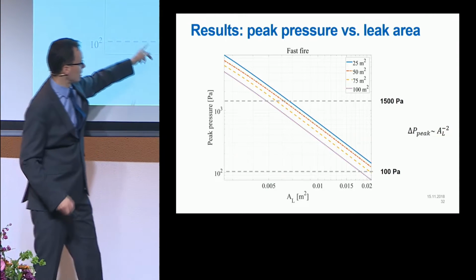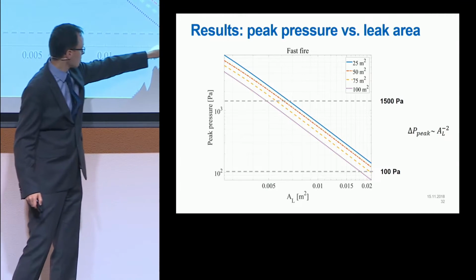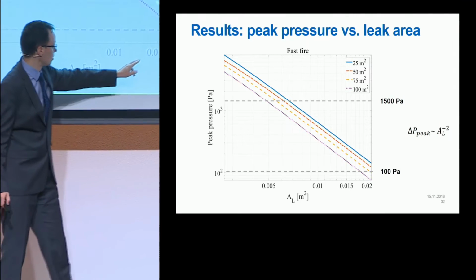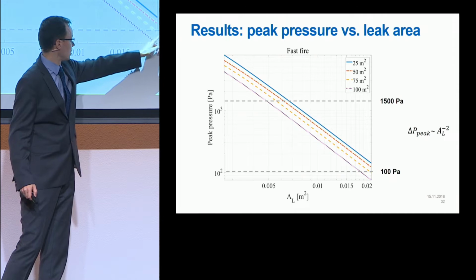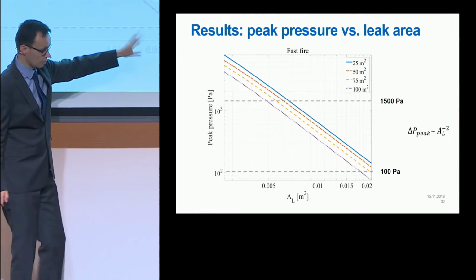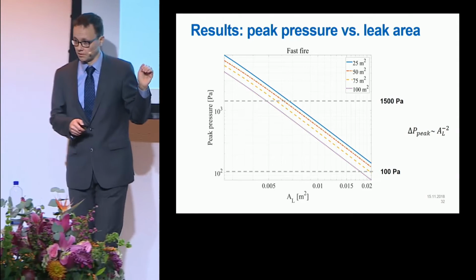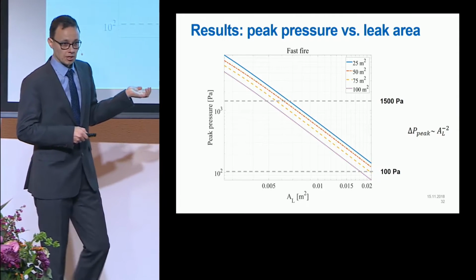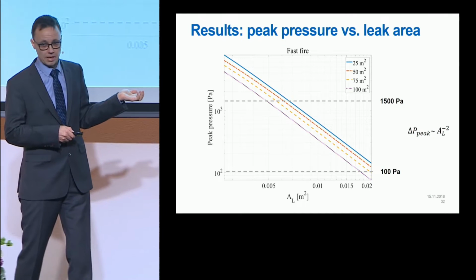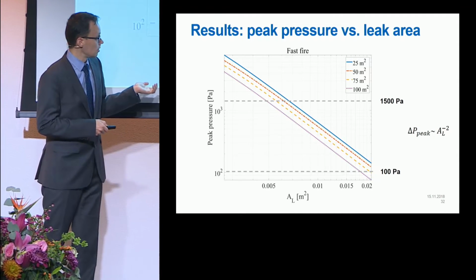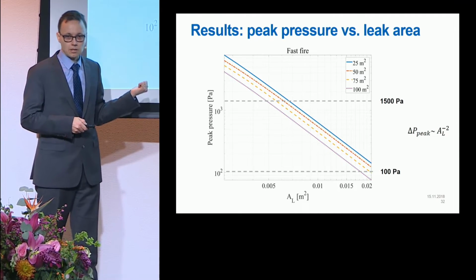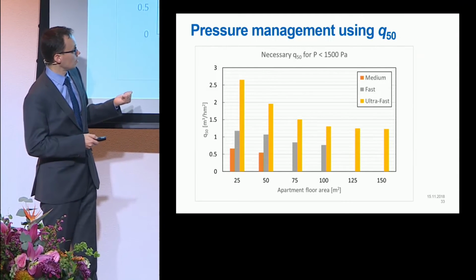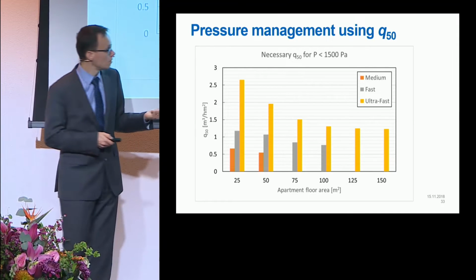If I go back one slide, we see that for the 100 Pascal limit, we would need really high leakage areas. I won't go into that now. We saw that it's going to be difficult, and we need some special arrangement. Just the leakage path itself is difficult. The Danish study showed that, okay, maybe the ventilation network can do it. But what about the structural safety?